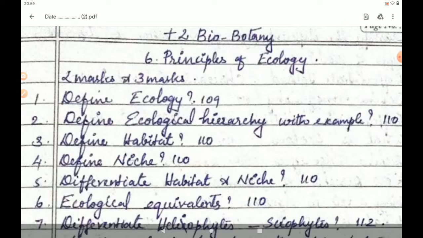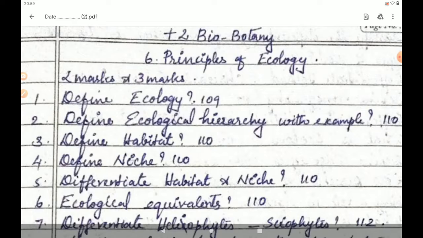The next question is define habitat. It's given in page number 110. Define habitat under the heading 6.1.4 habitat and niche. In that, habitat is a specific physical place occupied by an organism which has a particular combination of environmental factors.